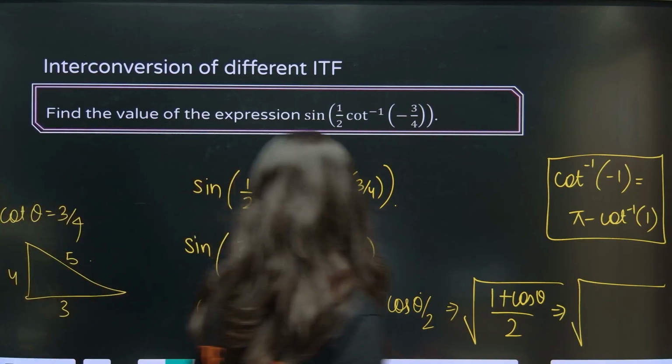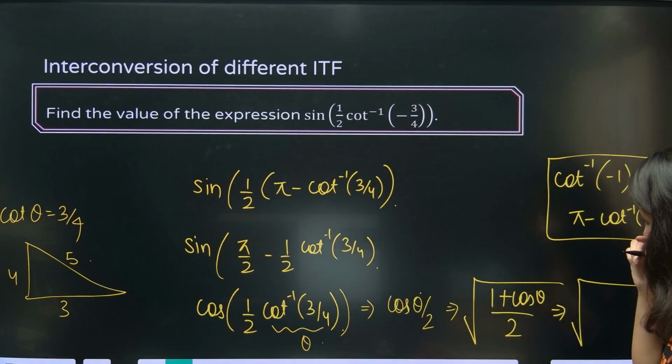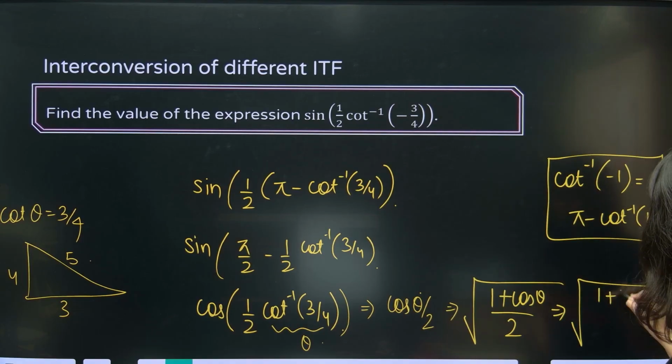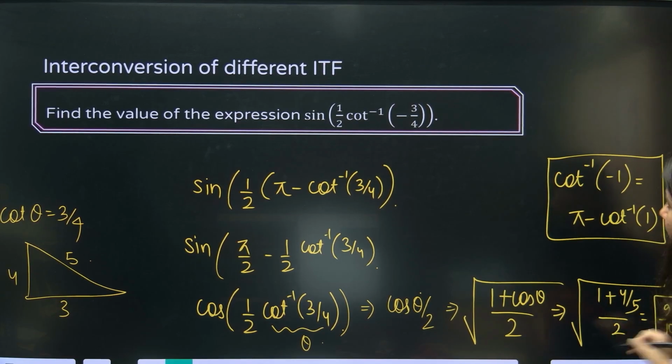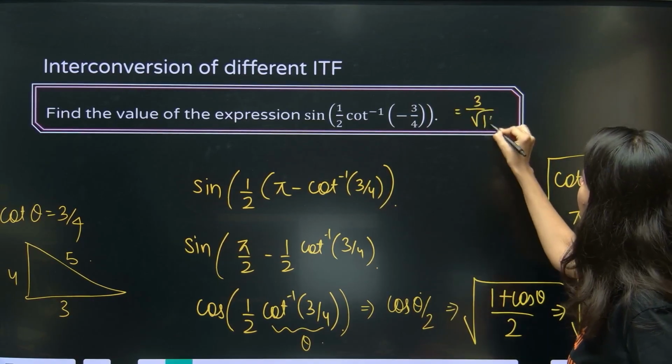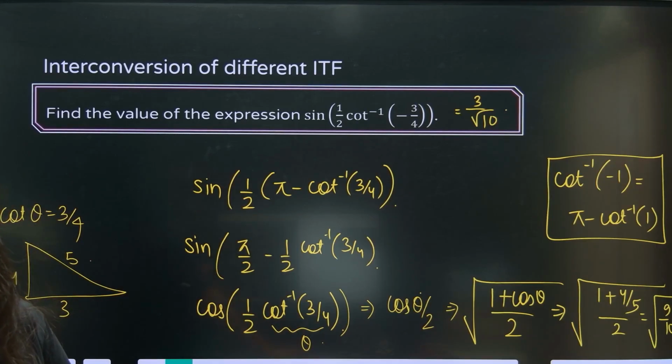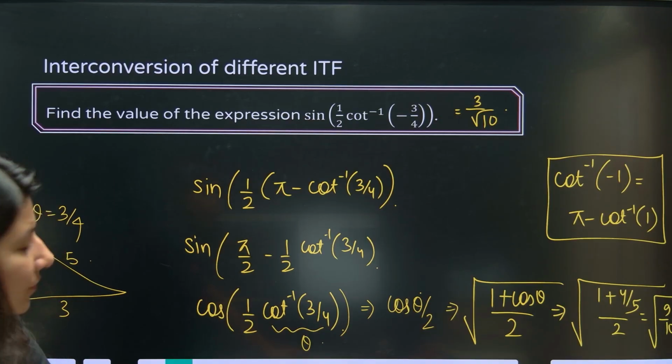So it is going to give you what? Tell me. 1 plus cos is what? 4 by 5. So 1 plus 4 by 5 by 2. Correct? What is going to get? 9 by 10. So 3 by root 10. Have I done anything wrong?